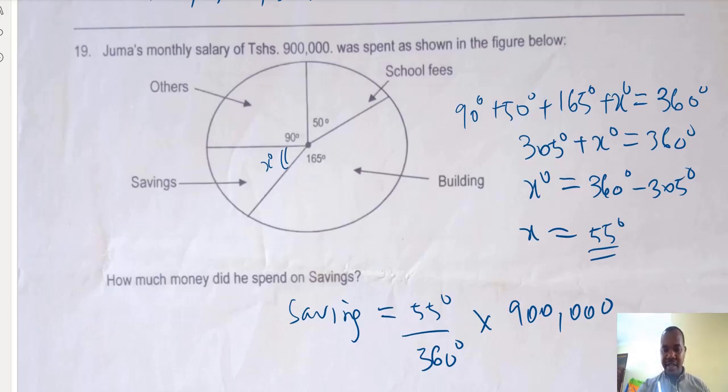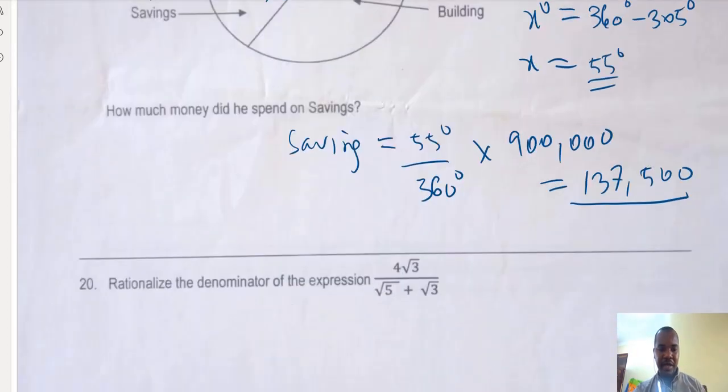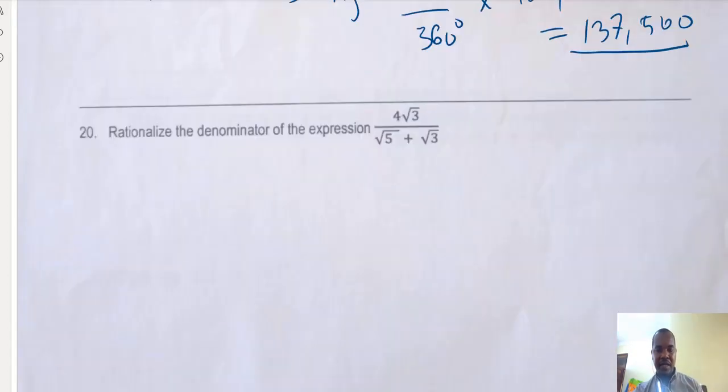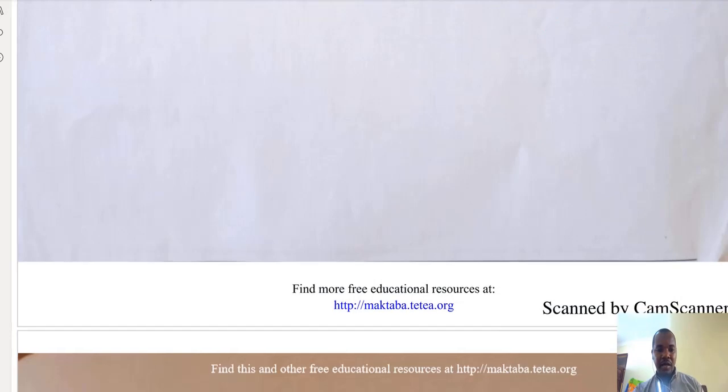When you simplify, the saving amount will be 137,500. So that is the amount Juma is going to spend for saving.